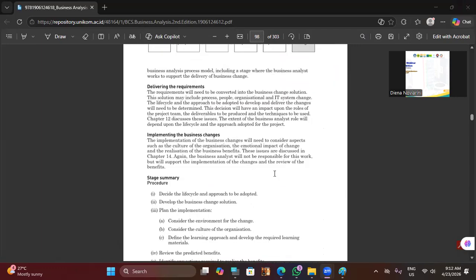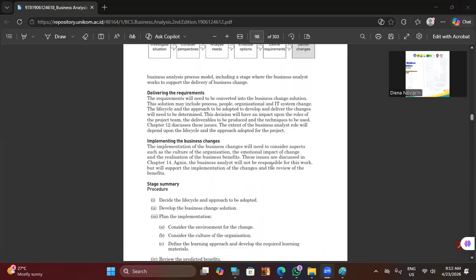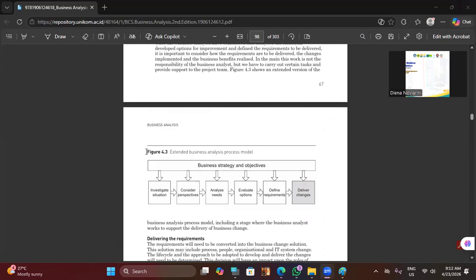Okay, this is the end of our rehearsal and discussion, and I would require each group to make materials for a PowerPoint presentation, and then each group will take each figure.